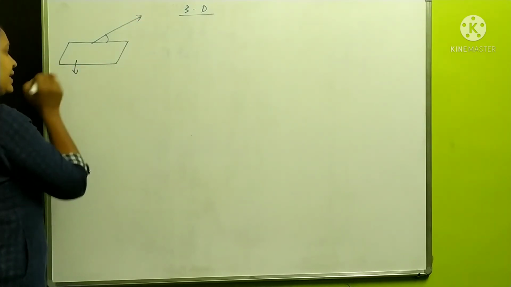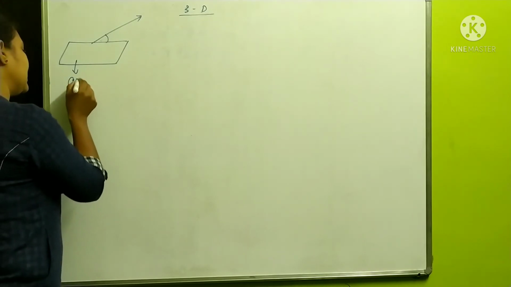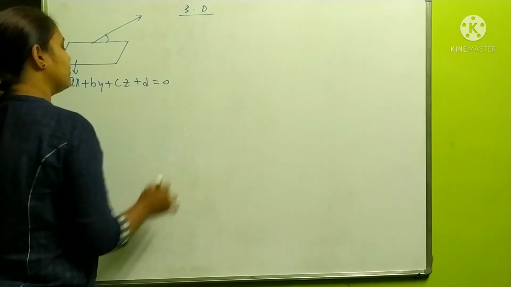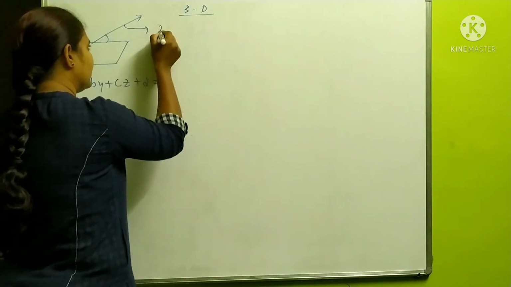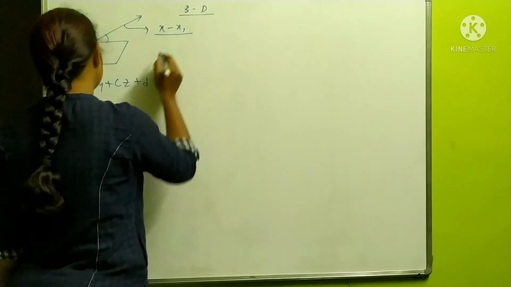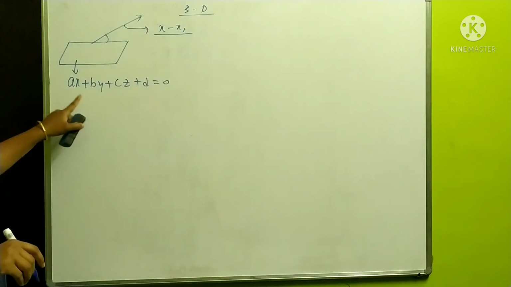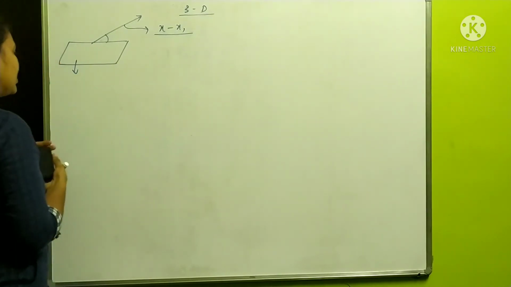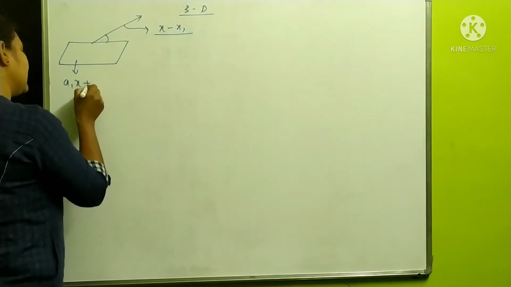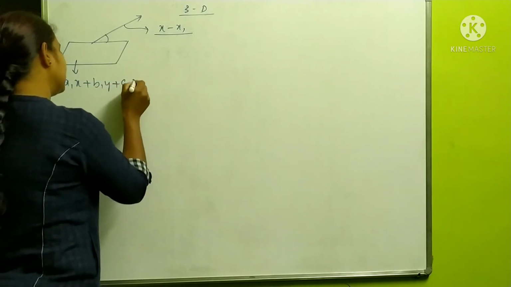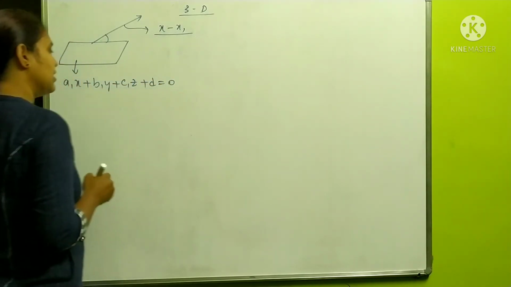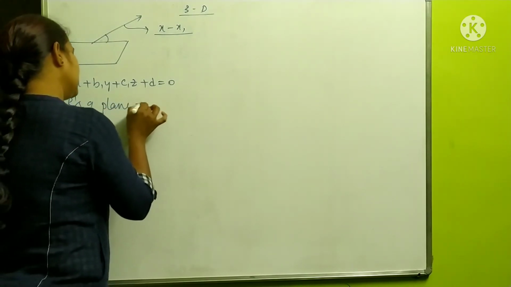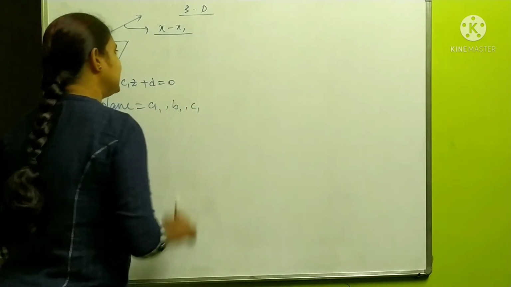So let me take the equation of the plane as a1x plus b1y plus c1z plus d is equal to 0. Direction ratios of the plane are a1, b1, c1.